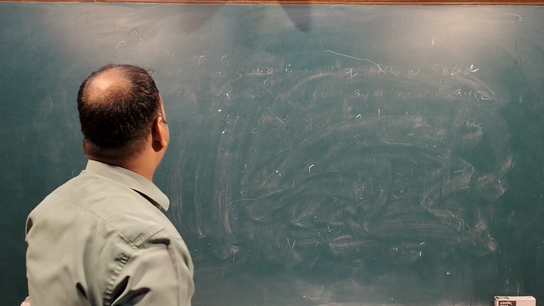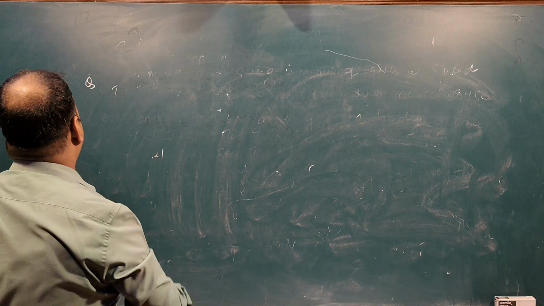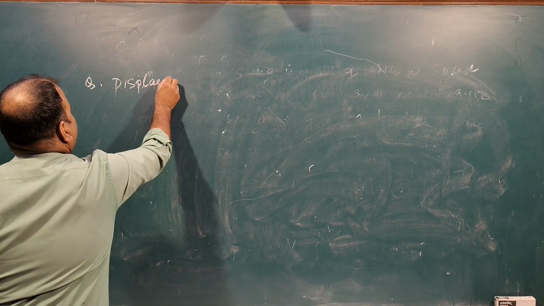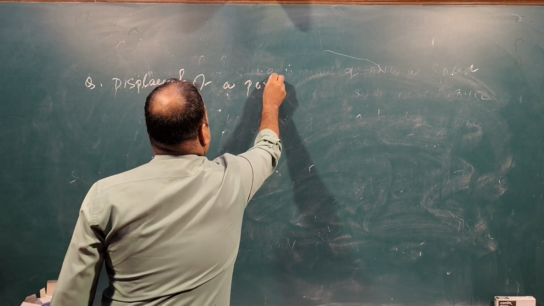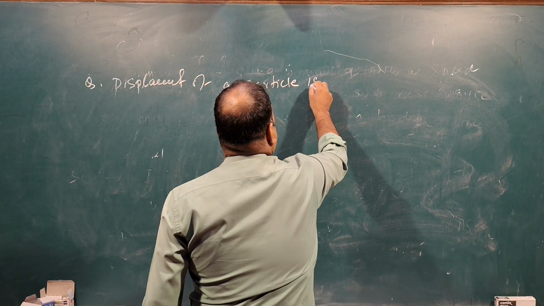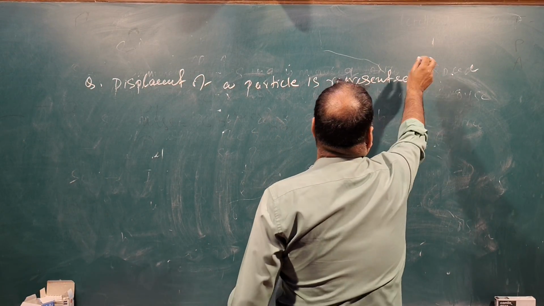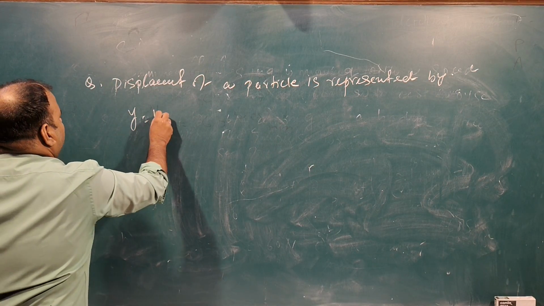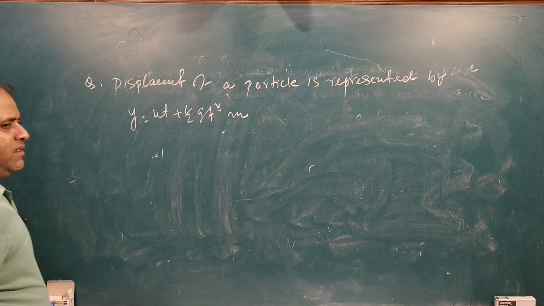The displacement of a particle is represented by y = ut + ½gt² meters.